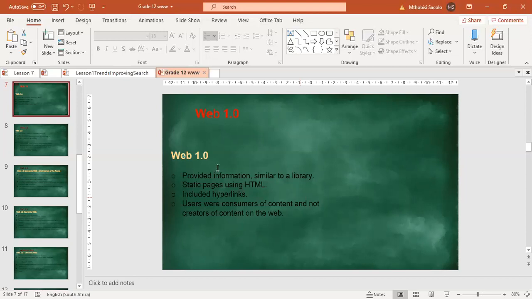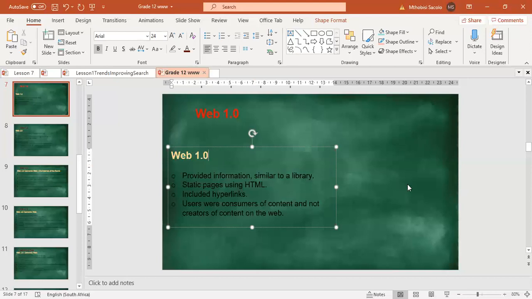In simple terms, the internet is when we connect all the computers, the networks that we have in the world, and all the other computing devices. When we connect all of them together, we form the internet. So I want to start with web 1.0.